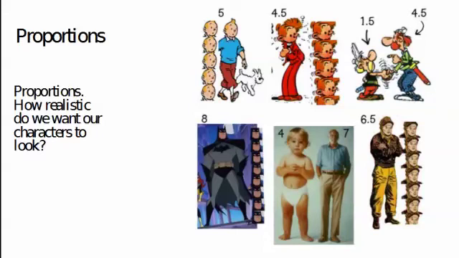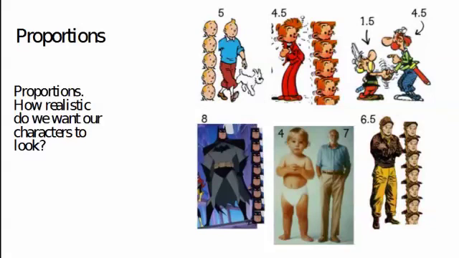Proportions are obviously also incredibly important. How many heads can you fit into the character? A normal human is something like seven heads to the body for a grown man, and with a toddler it's about four. And if you look at Asterix here, he's just 1.5, so he's really got very childlike proportions.